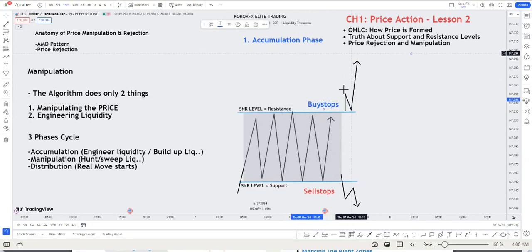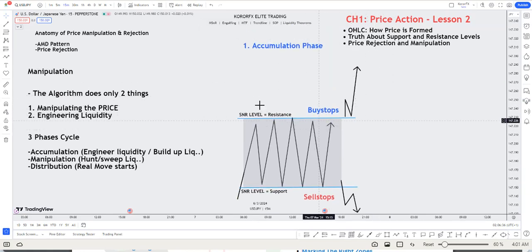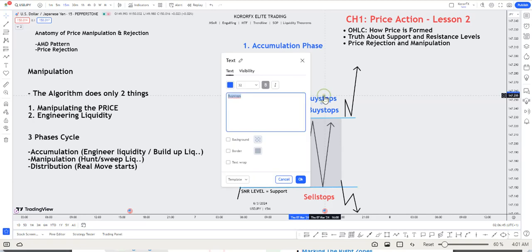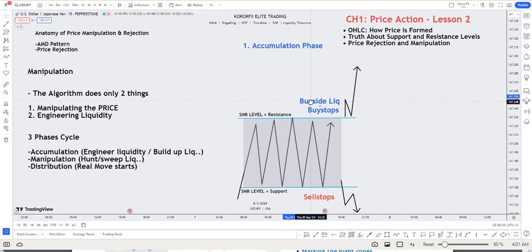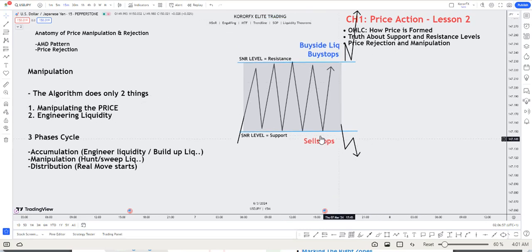They are aiming for the price to go above this level. That is why we say there is buy side liquidity, or buy stops liquidity. And the sell stops, you can call sell side liquidity.